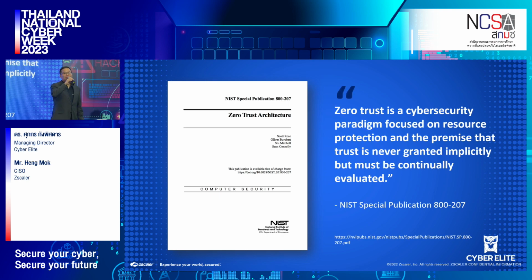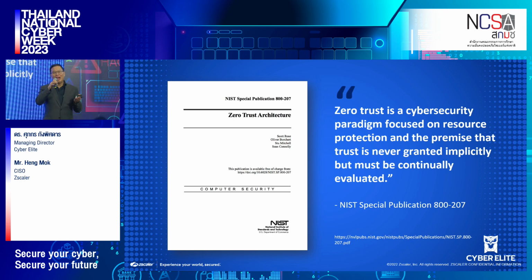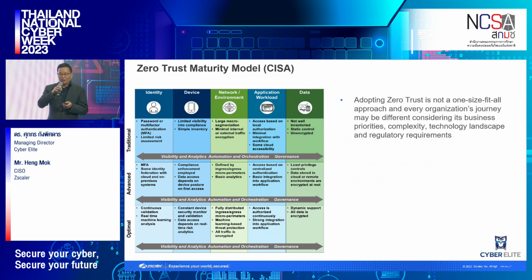So when we talk about zero trust, it's always important to go back to the standards. So we have the NIST 800-207 standard, which defines and talks about what zero trust is. We also have maturity models available to us from a cybersecurity perspective.